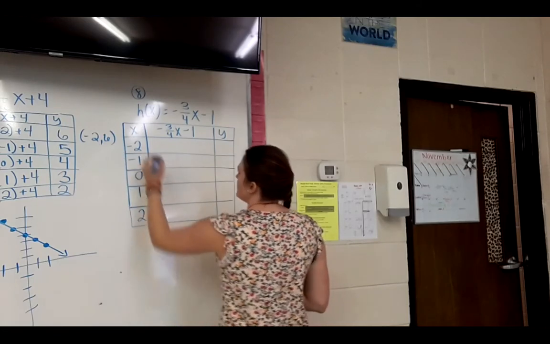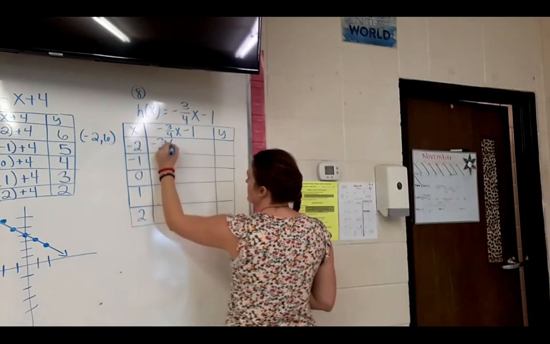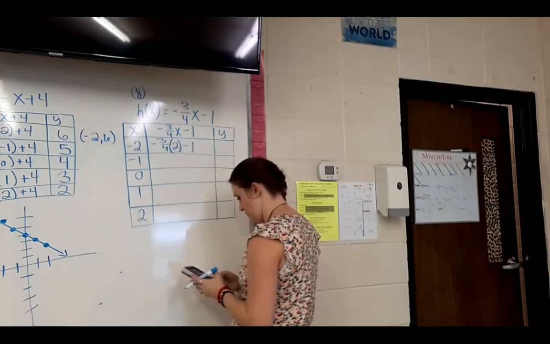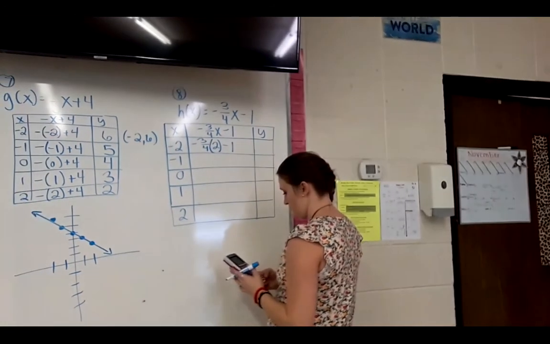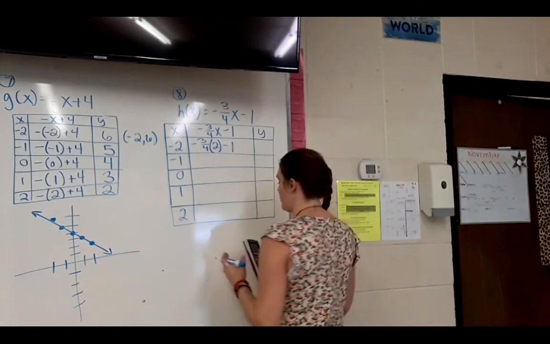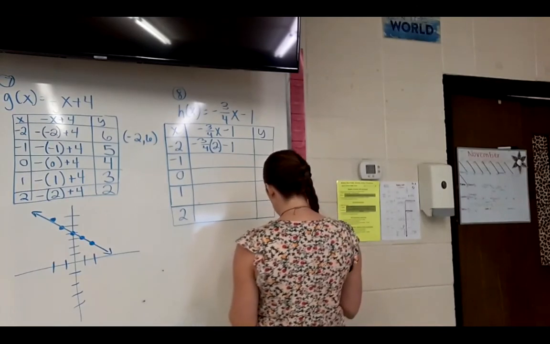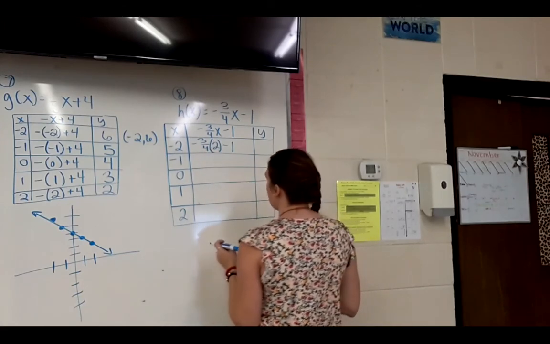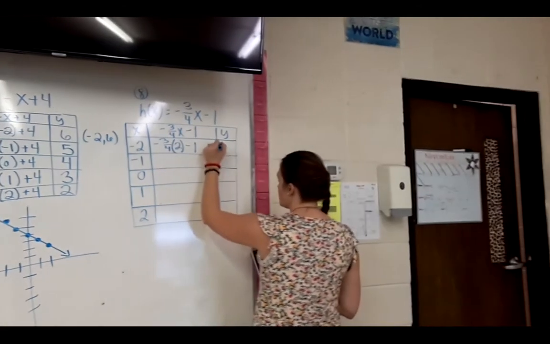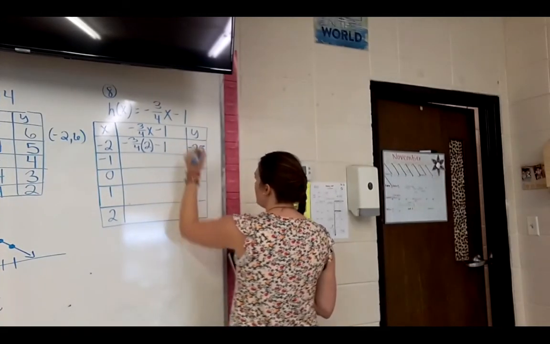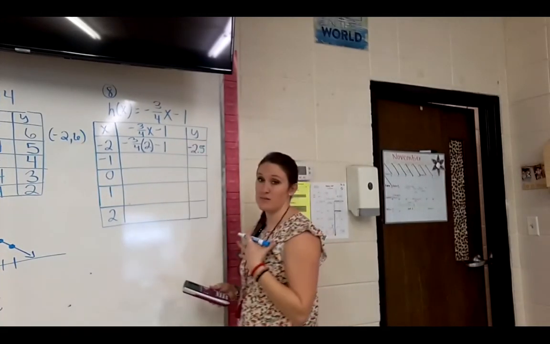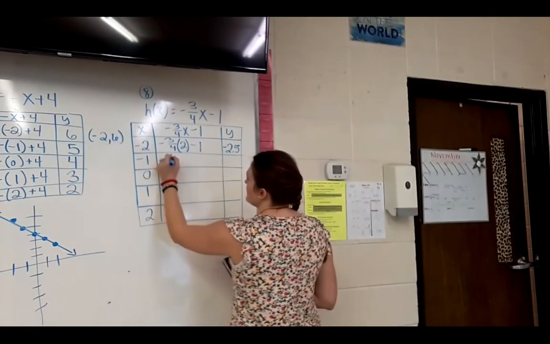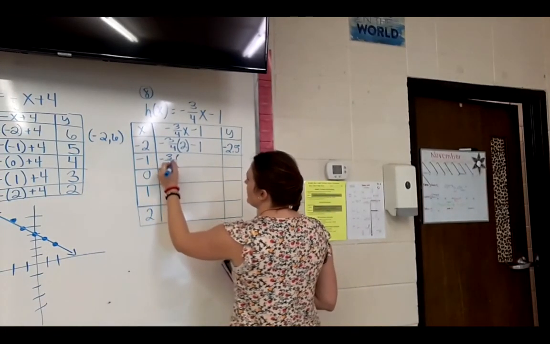Okay, so I have negative 3 over 4 times 2 minus 1. Plug that in the calculator to double check. Yeah, so we get negative 1.5, and then minus 1 more, so negative 2.5. I'm going to keep on decimals just because to me it's easier to graph a point when it's a decimal. 3/4 is the same thing as 0.75.